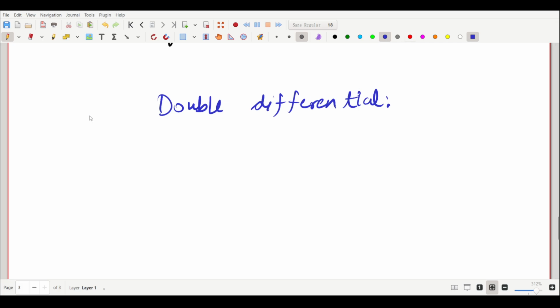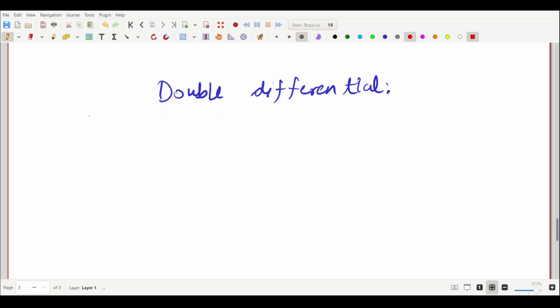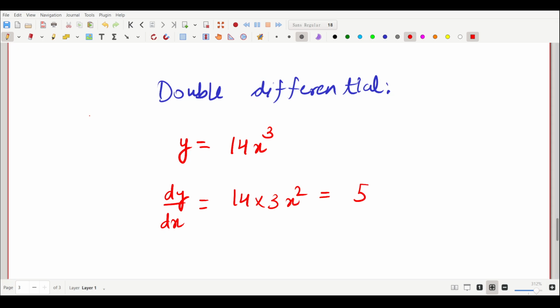Why do we need double differential? First we shall know what is double differential. If the equation of y is given to us, let's say y equals 14x cube, we can find dy over dx, the single differential. 14 times 3 will come down and the power 3 will become 2, so it is 42x square.